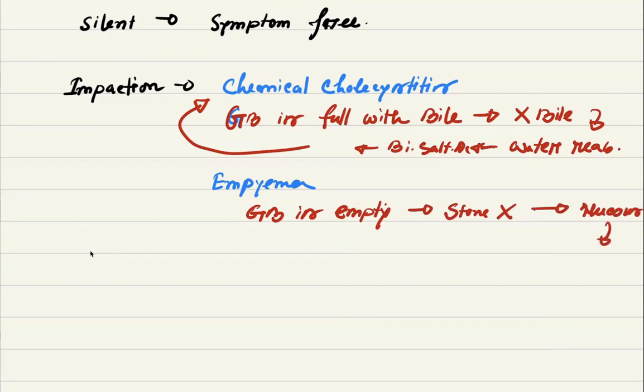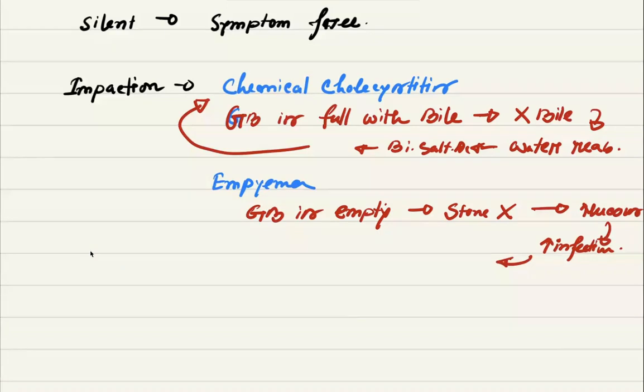But as I said, when there is stasis, there is an increased chance of infection. So the mucus got impacted. If it gets infected, then there will be formation of what?